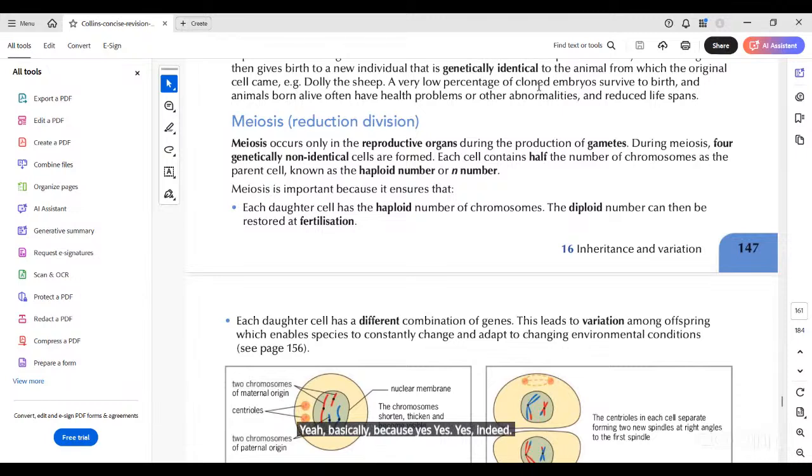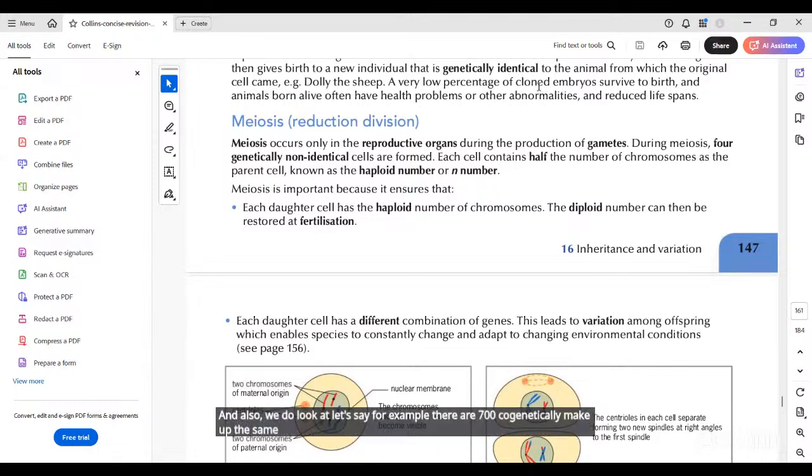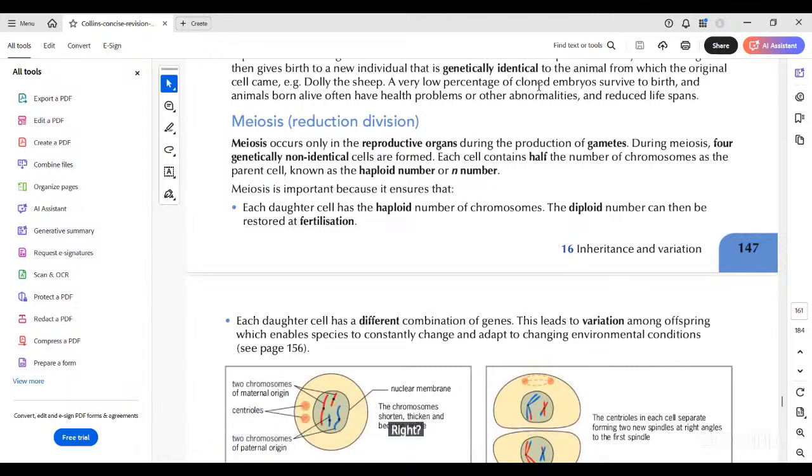And also, we can look at, for example, 700 cows genetically the same. One disease comes and kills all the cows, because they all have the same genetic makeup. Like COVID came and hit us. Some people died, but some people survived. Why did some people survive?